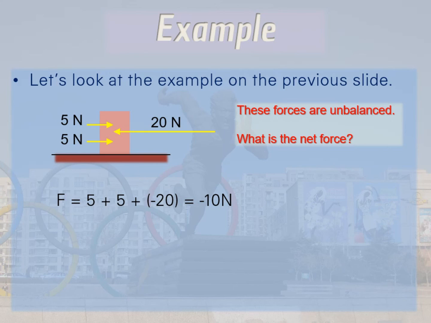And so the force on the object is equal to 5 plus 5, that's the forces from the left, plus minus 20, which is the big force from the right, and that gives us an overall force of minus 10 newtons, which means that the object experiences a force of 10 newtons to the left.